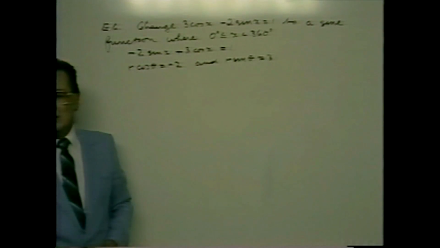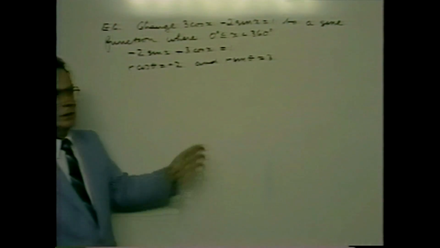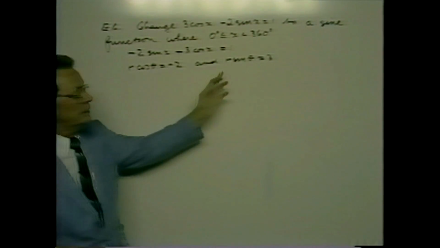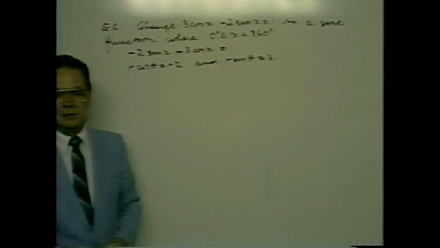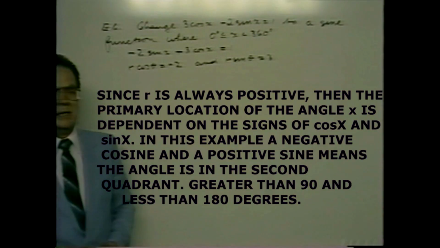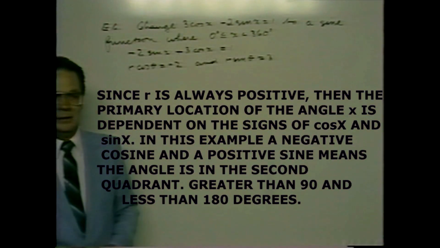Since r is always a positive number, as I have said, then the cos of the angle is negative and the sine of that same angle is positive. You should come to the conclusion that the only place theta can be in the 4 quadrants of the Cartesian plane is that it is in the 2nd quadrant, and in the 2nd quadrant only.